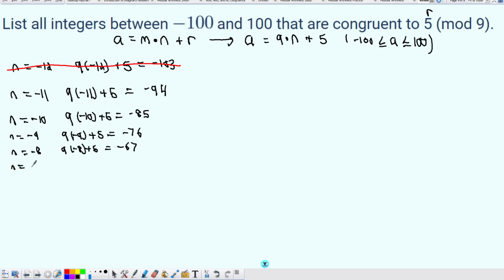Negative 7. 9 times negative 7 plus 5 would be negative 63 plus 5, negative 58. n equals negative 6. 9 times negative 6 plus 5, which is negative 54 plus 5, is negative 49.